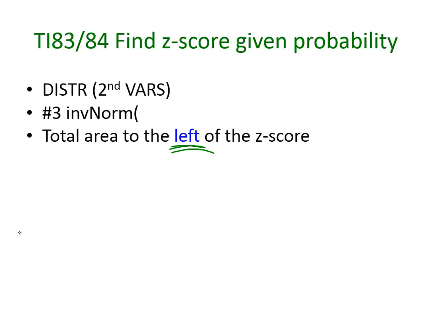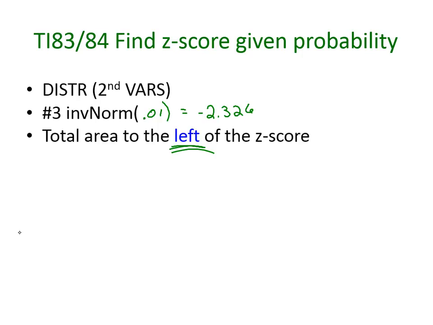So for that last problem, when I wanted the area to the left to be 1%, do inverse normal of 1%. You should be getting something close to negative 2.33, but it's not going to be exactly negative 2.33 because we had to round it. So you should be getting negative 2.32 something.